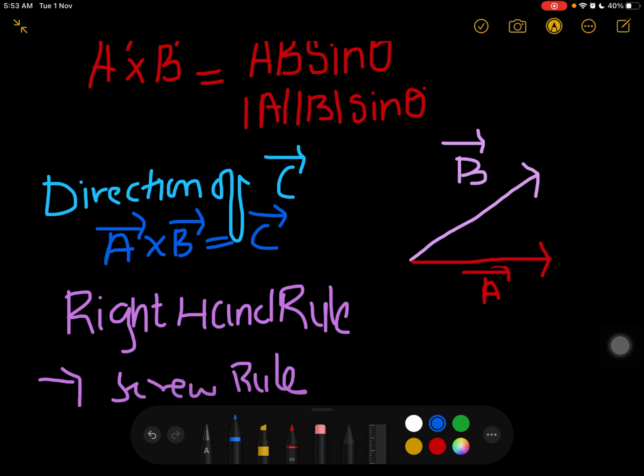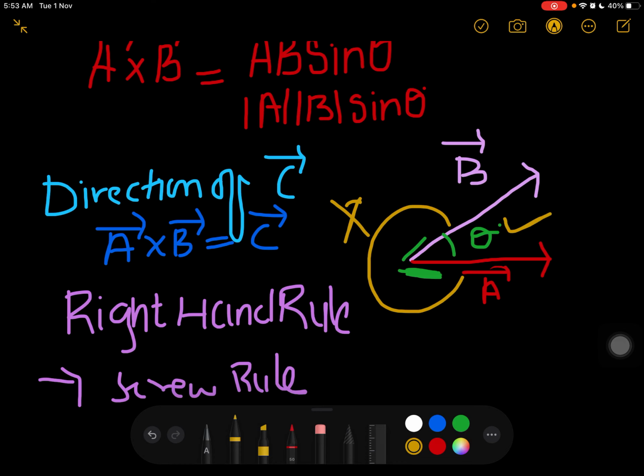You will join the two vectors tail to tail, right? These vectors are now joined tail to tail, and you will place your right hand at the joining point, with your palm there. You will curl your fingers from vector A to B along the small theta. This is the important thing: you won't consider the larger angle, you will consider the small angle.